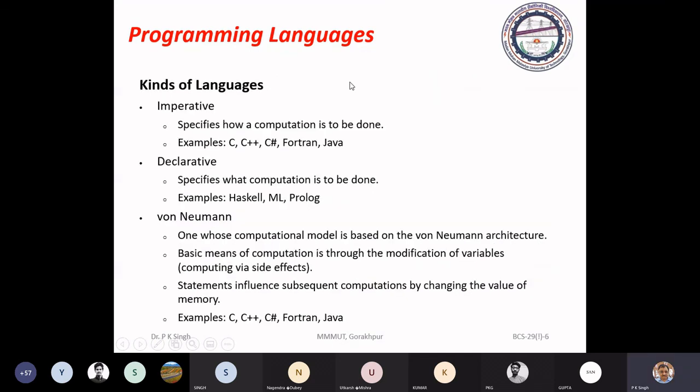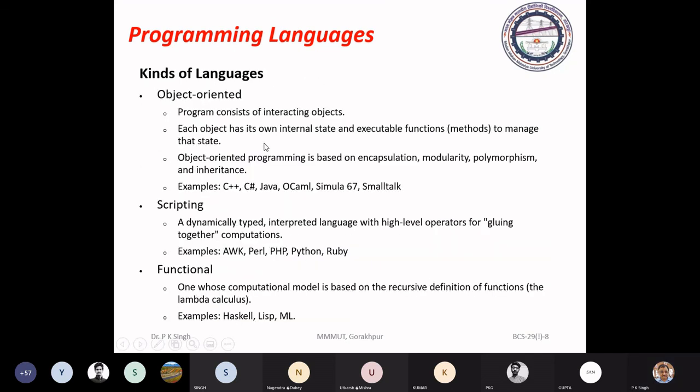Now, kinds of languages: some languages are imperative, specifying how a computation is to be done. Some are declarative, some support von Neumann architecture only. Some languages are object oriented, some are scripting, some functional.